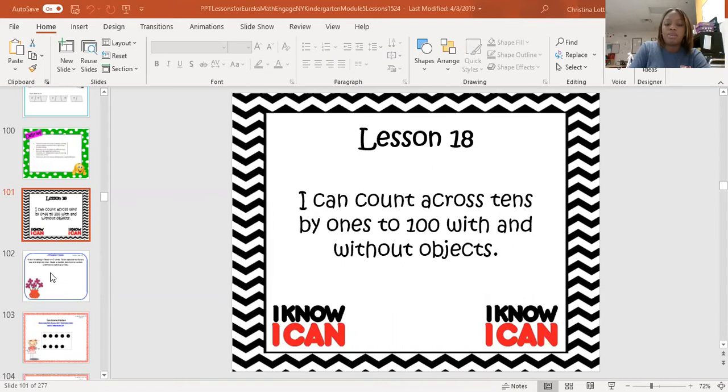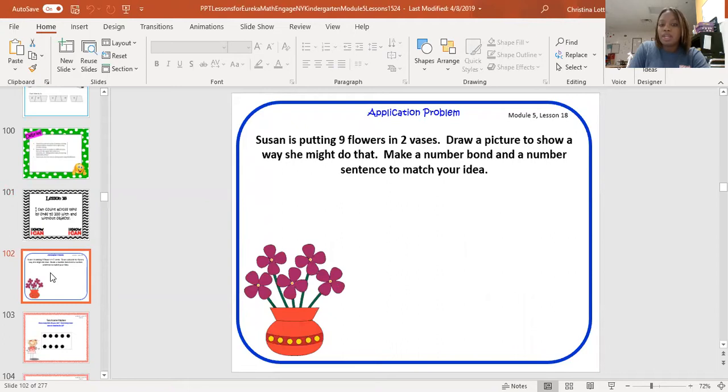So let's look at our application problem. Susan is putting 9 flowers in 2 vases. Draw a picture to show a way that she might do that. Once we've done that, we are going to then make a number bond and a number sentence to match your idea.